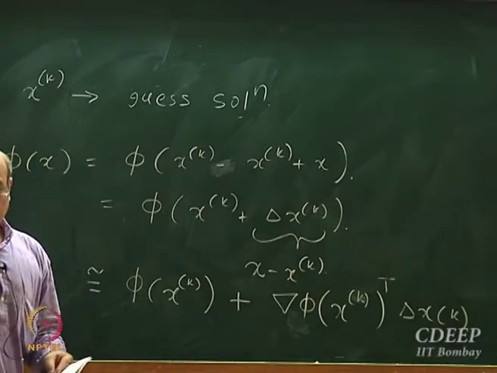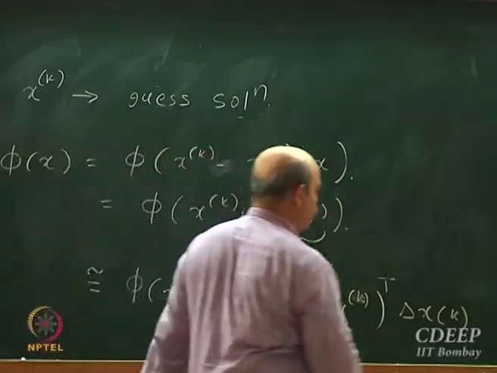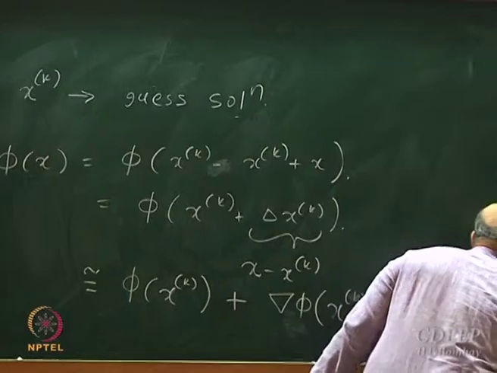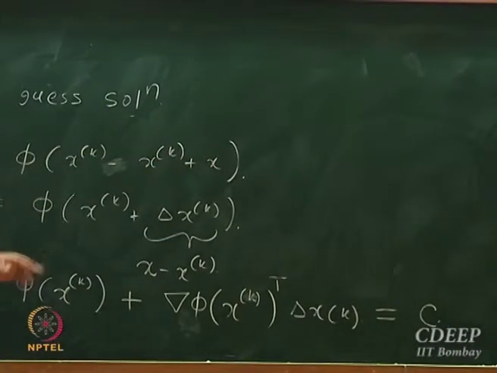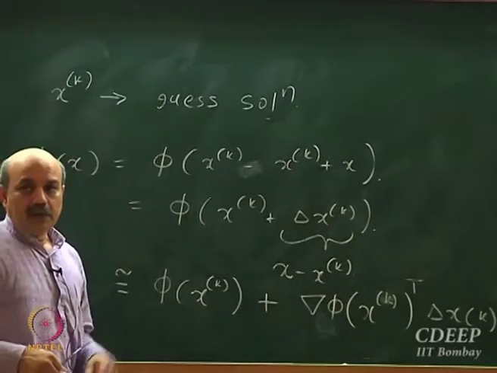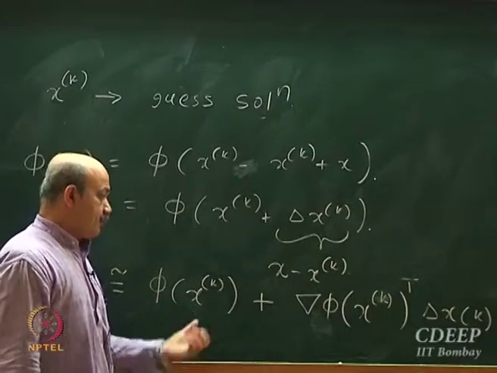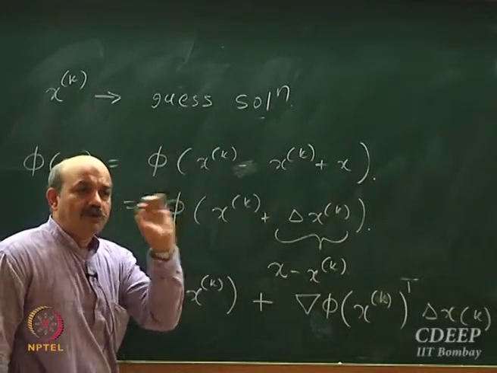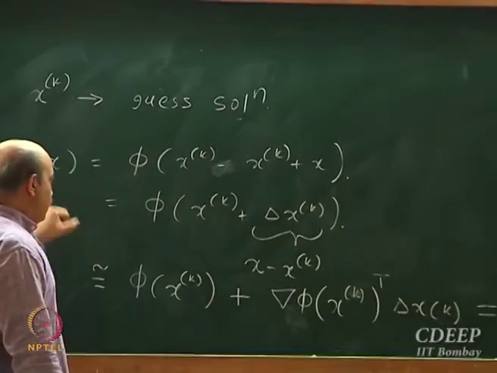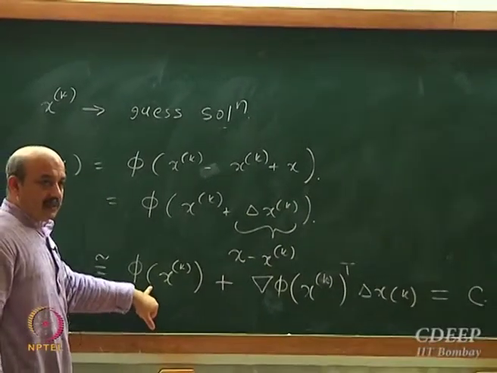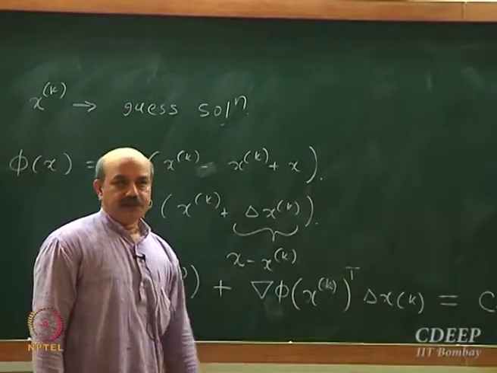And then I want to look at the level surface, that is phi x is equal to constant, in a small neighborhood of some point xk. I get this approximation of phi x as this.